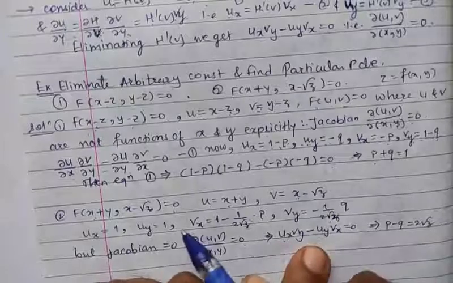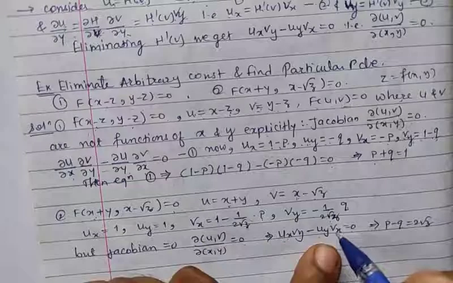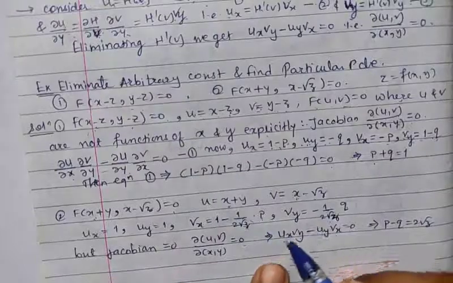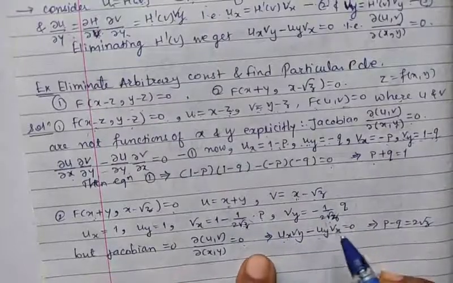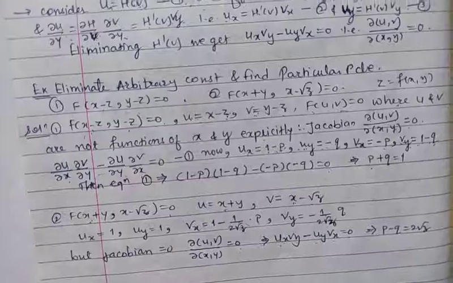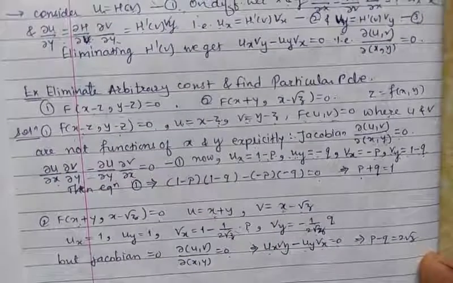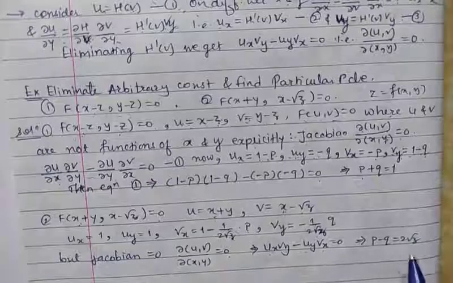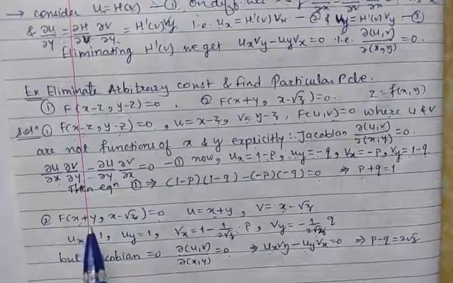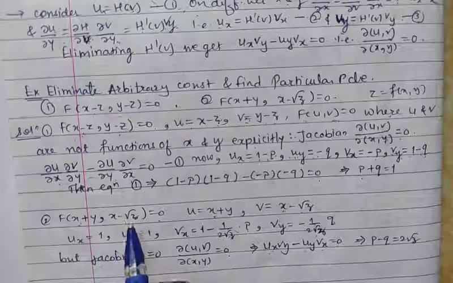Next, minus uy, which is 1, into vx, which is 1 minus 1 upon 2 root z. After solving this and substituting all the values, finally we get p minus q is equal to 2 root z. So this is the required partial differential equation of the function f of x plus y, comma x minus root z.